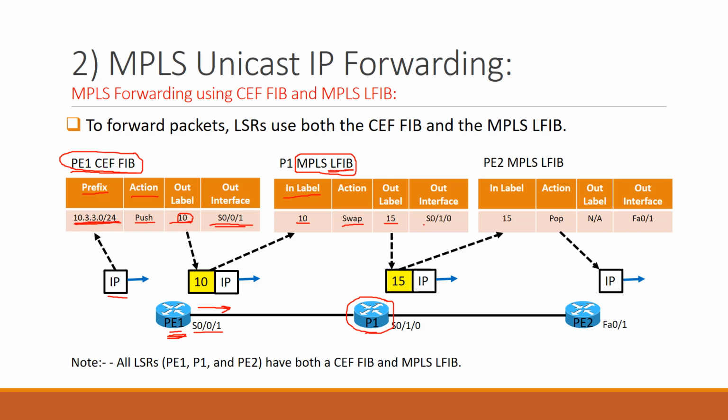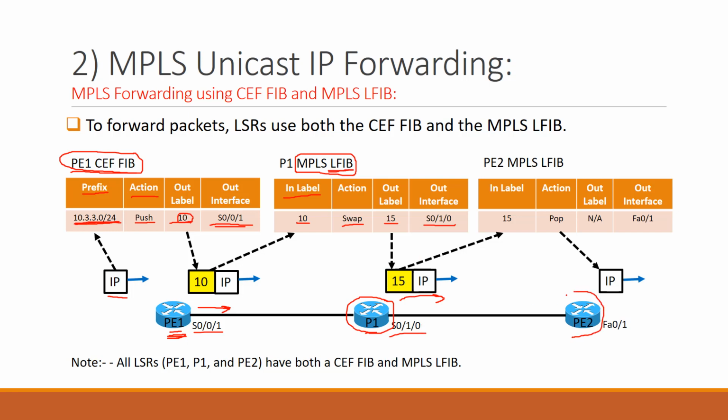I should forward this new labeled IP packet out of serial 010. So P1 will receive a labeled packet with label 10, check the LFIB, take the action, swap to value 15, and send it out of serial 010.